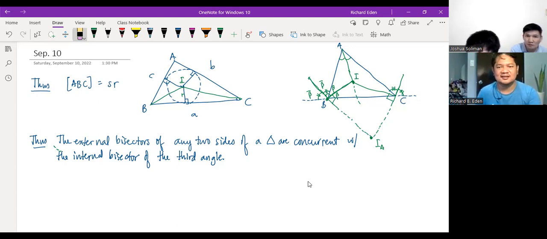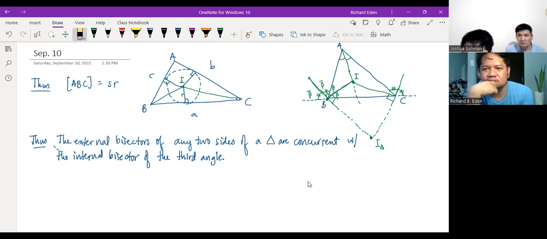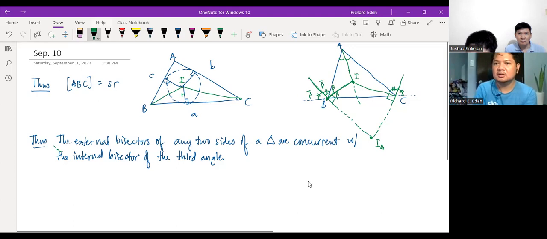Okay. Actually, since they are cyclic, then I sub A must exist, because it's a diagonal, so we can connect them. But who's to say, maybe A is here, and what about collinearity?